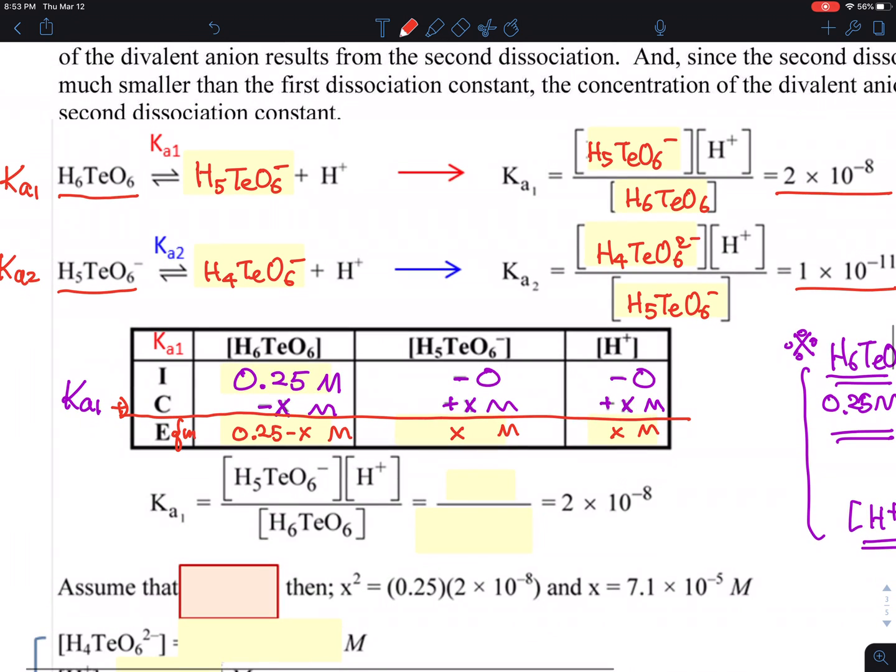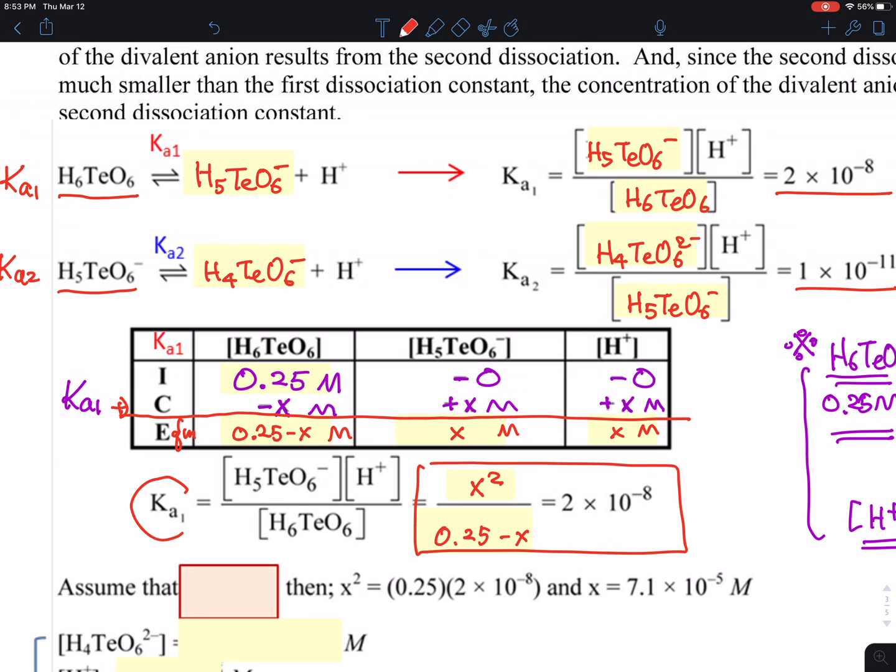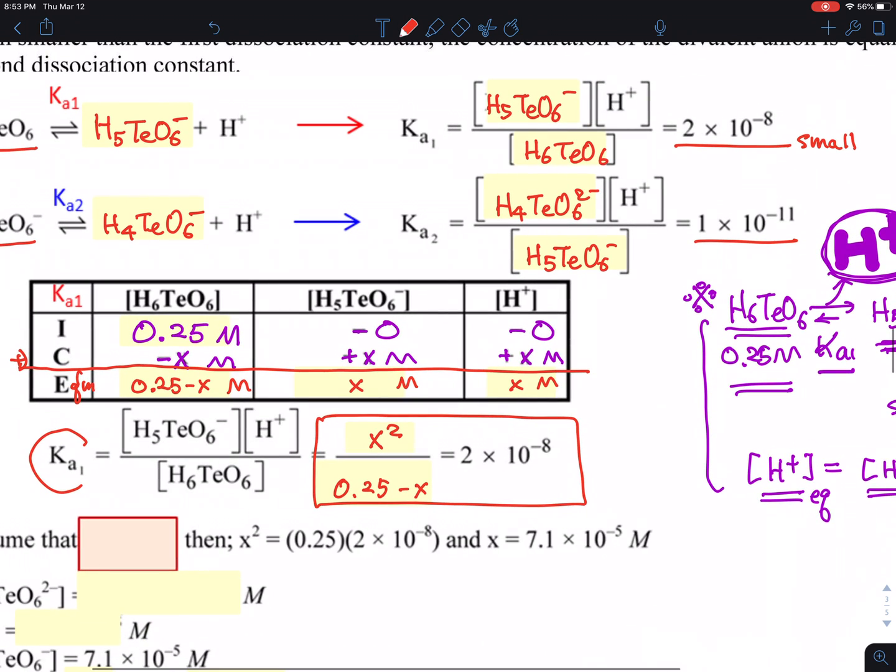And then we're going to use this equation established for the Ka1 value. So then there will be 0.25 minus X, and this will be X squared, and this is the value for Ka1 shown up here. To solve this, solve for X, the value of X, which is a concentration.